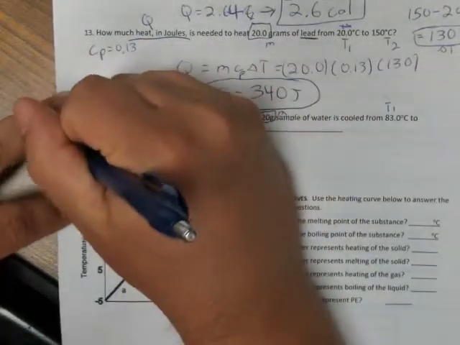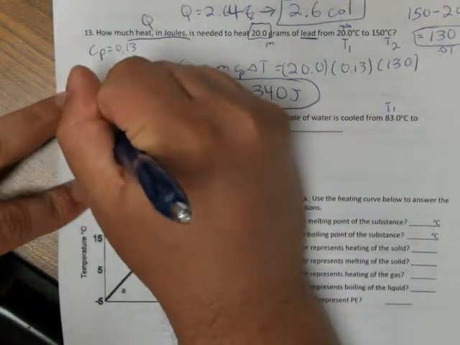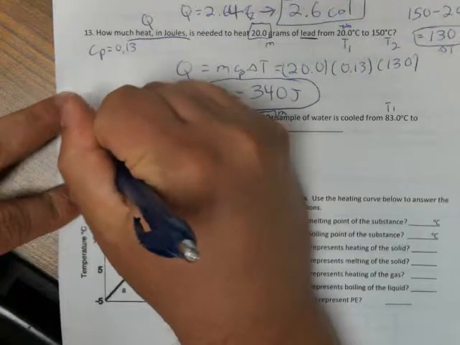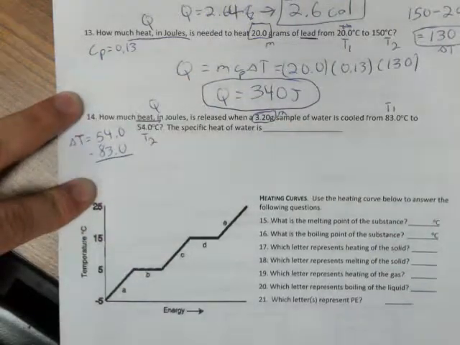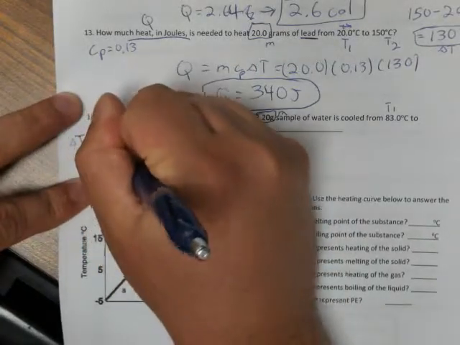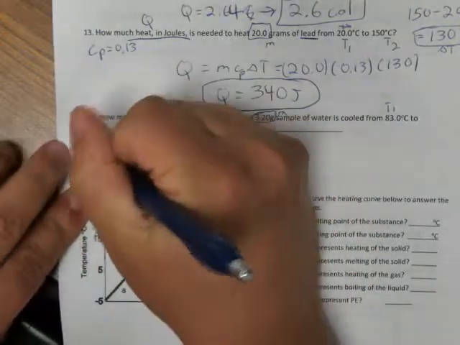So for my delta T, that's equal to 54.0 minus 83.0. So that is a difference of negative 29.0 degrees Celsius. So that's what I use for my delta T.